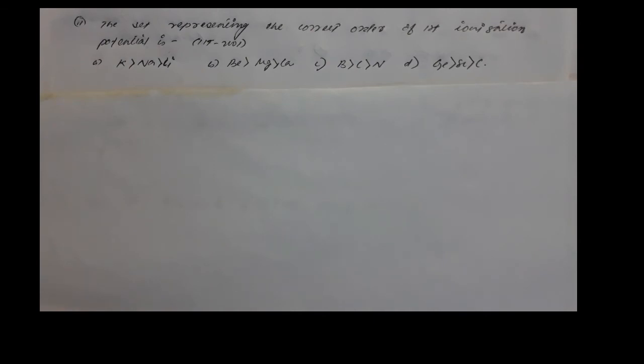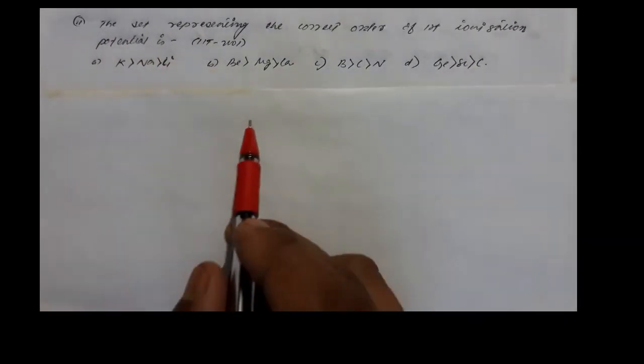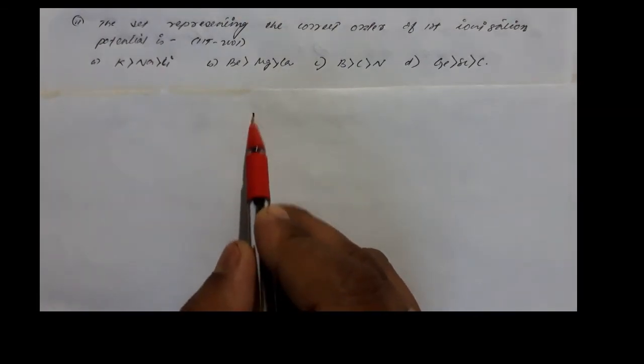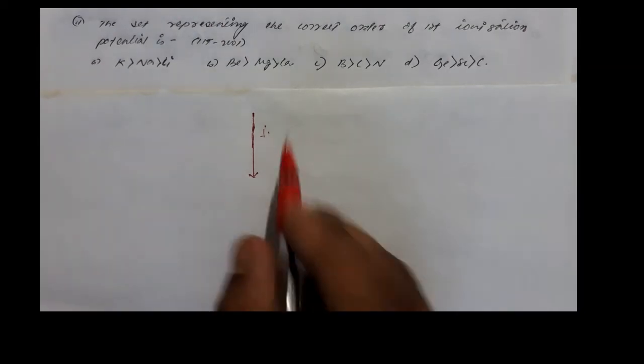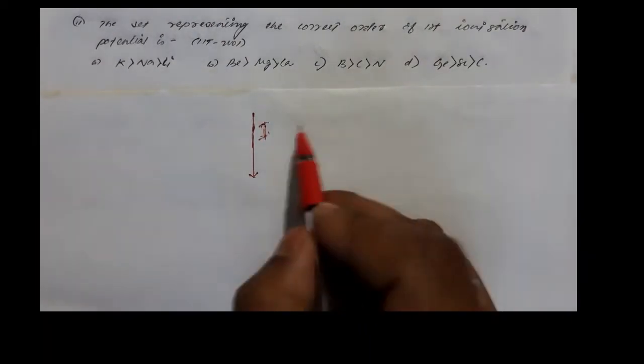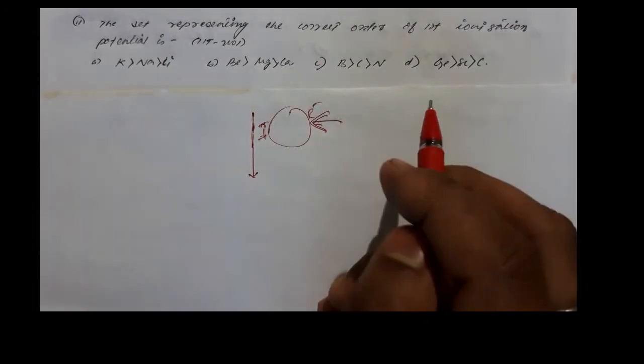The set representing the correct order of the first ionization potential is. This was asked in an IIT examination. Regarding ionization potential, or ionization energy, as we move down the group, what happens? The ionization energy decreases, because ionization energy is the supplied energy to remove an electron from the outermost shell of a gaseous atom.